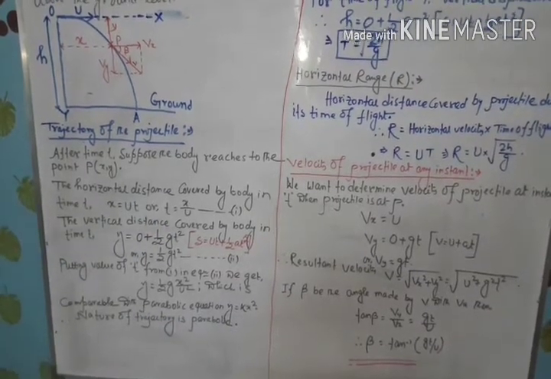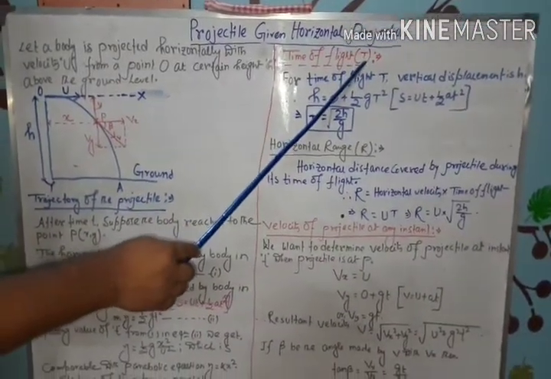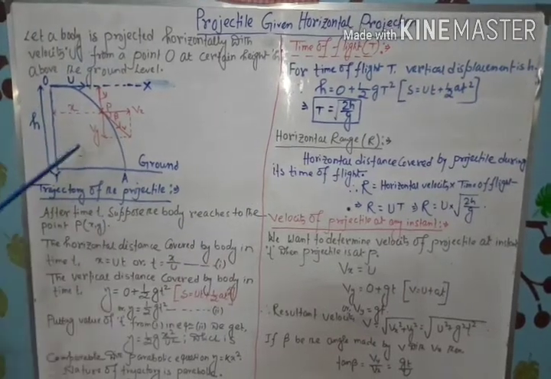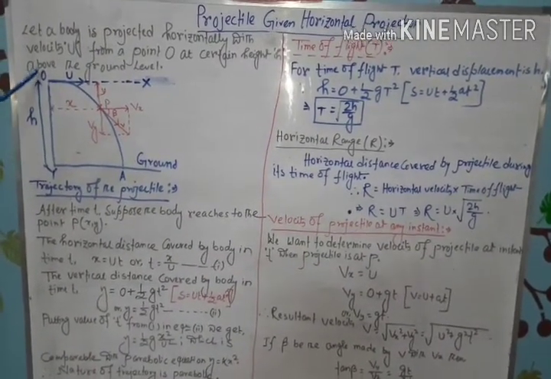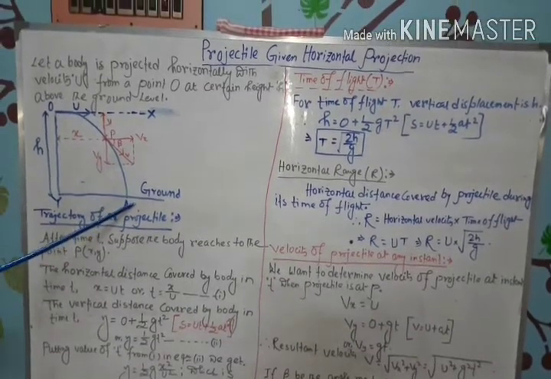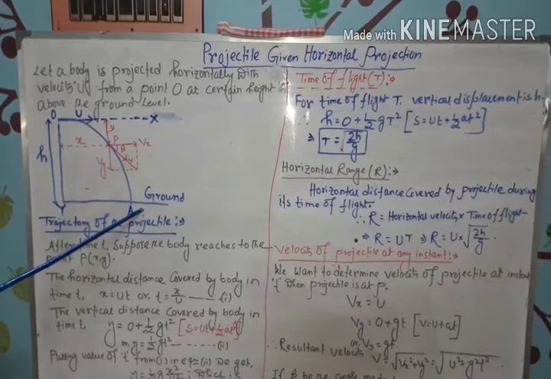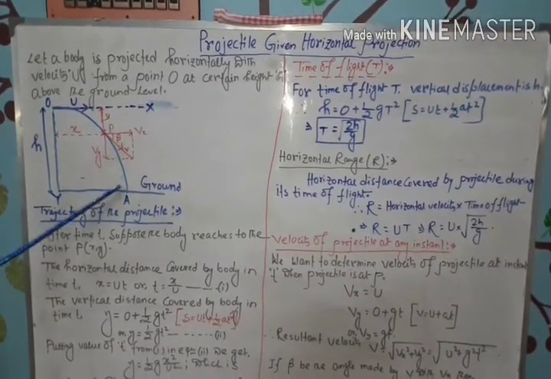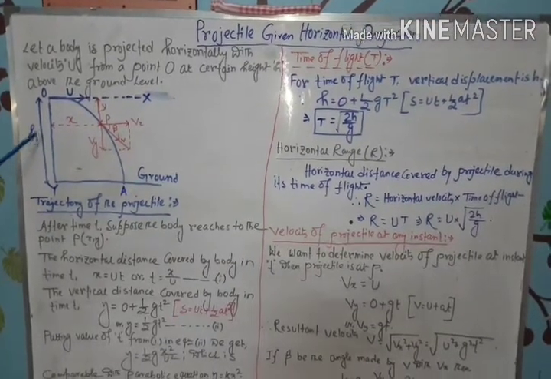Clear? Next, we have to determine the time of flight, which is denoted by capital T. What do we mean by the time of flight? See the diagram. The time taken by the projectile to go from O to A is known as the time of flight. To calculate it, remember that the vertical displacement of the projectile is h during the time of flight.